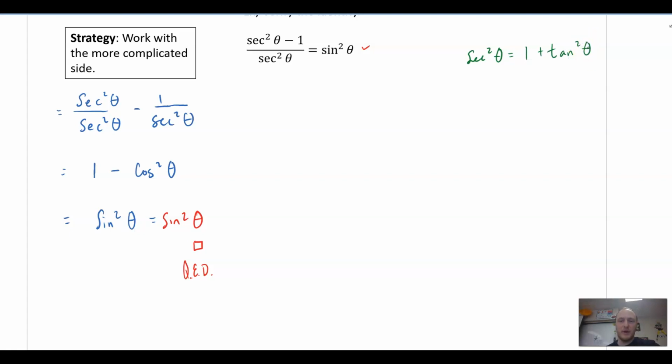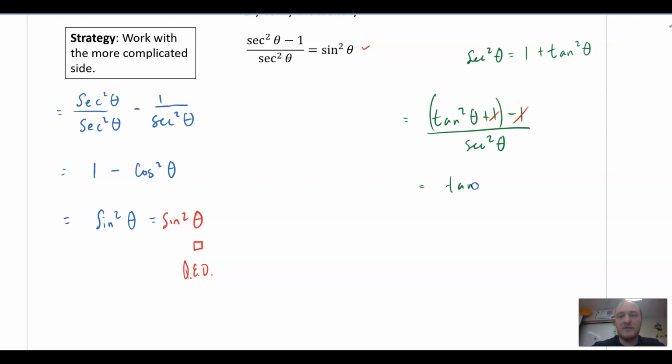And if you don't believe me, you can go back and check in your notes. You should have all the identities. So what I'm going to do right now is I'm just going to substitute. So I'll say that this is equal to tan squared theta plus 1, minus 1, all over secant squared theta. Okay, well, my 1s, they cancel, right?